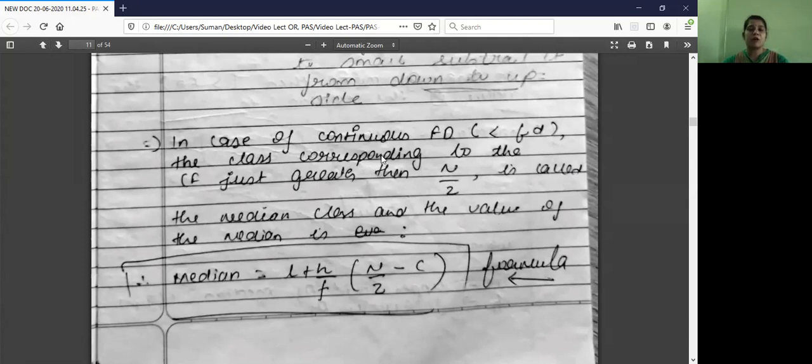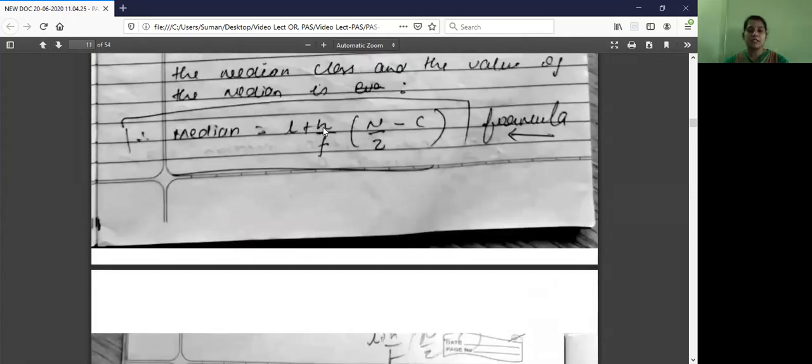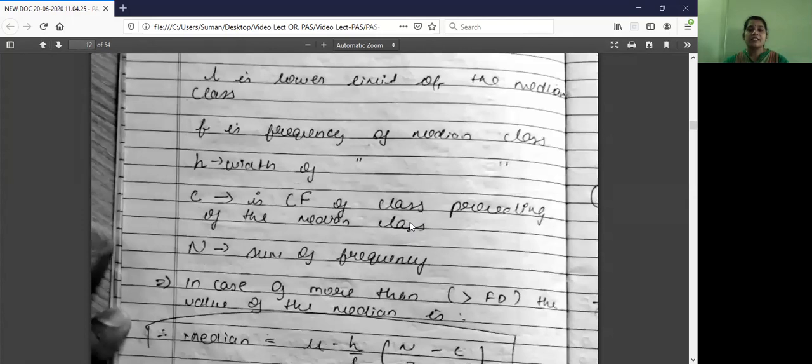This is the formula for less than frequency distribution, where L is the lower limit of the median class, H is the width of the class interval, F is the frequency of the median class, N is the sum of the frequency, and capital C is the CF of the class preceding the median class.